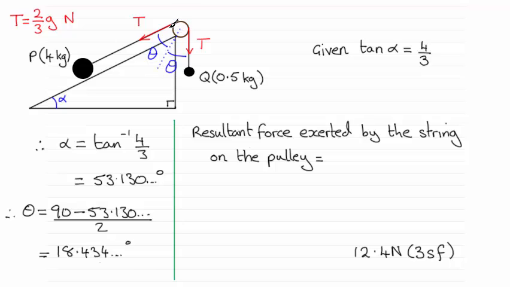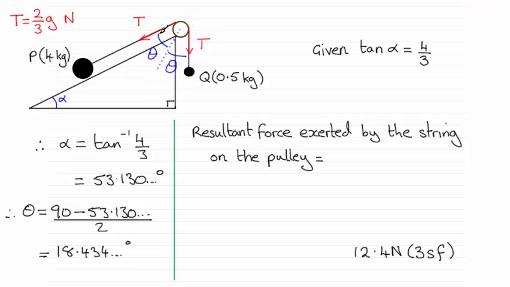Remember, the tension can be split into two components, one along the dotted line, and for this tension, one perpendicular to the dotted line. And for this tension here, there'll be one component in the direction of the dotted line and the other perpendicular to it. Those two perpendicular forces have no effect. We're only concerned with the component of each tension in this direction.